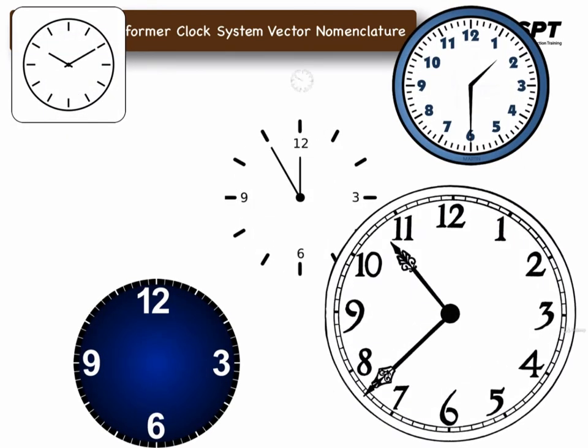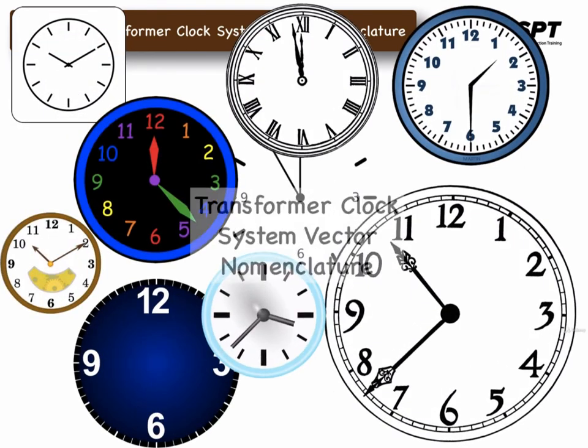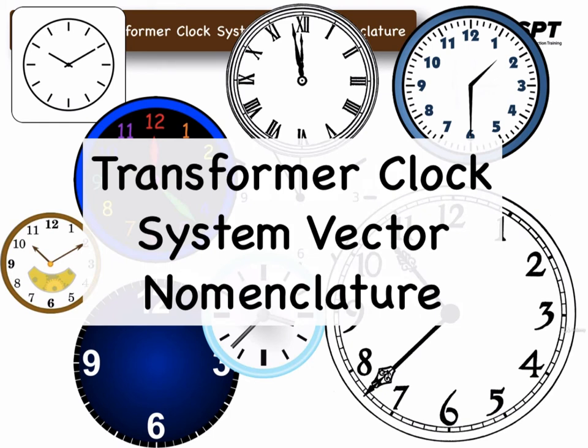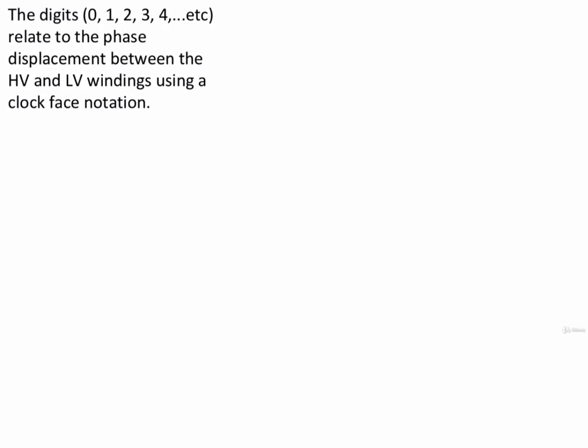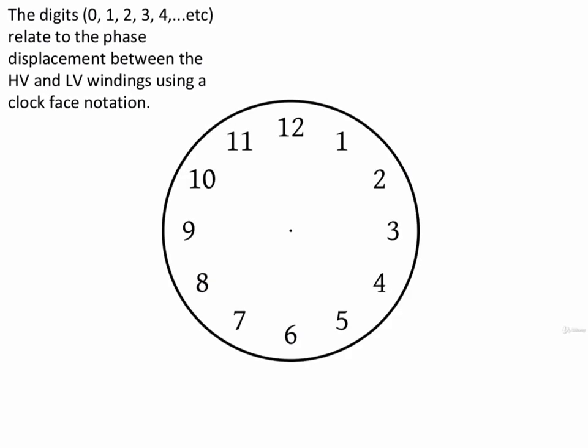The answer is transformer clock system vector nomenclature. As its name suggests, we use the clock face as a reference for relating the secondary voltage to the primary voltage.